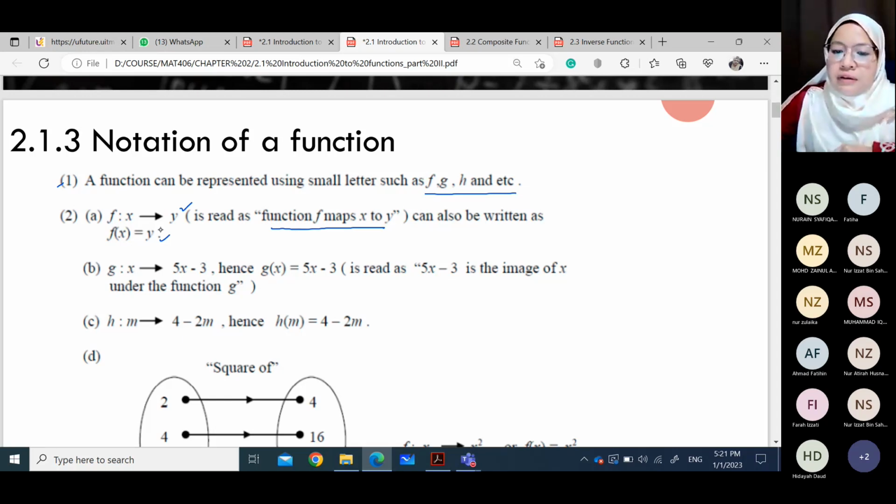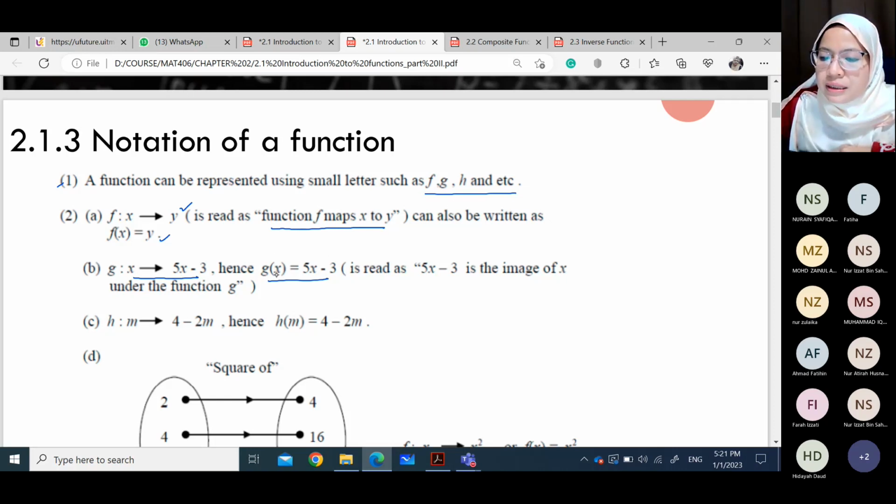So ini adalah function. Okay, so B, for this function G, X map to function G maps X to 5X minus 3. Okay, so in other representation, we also can say that G of X equal to 5X minus 3.